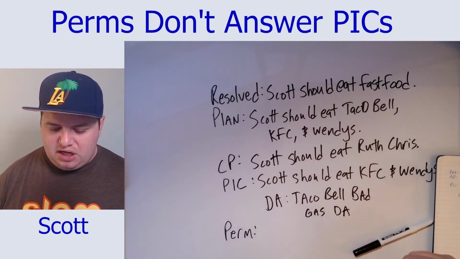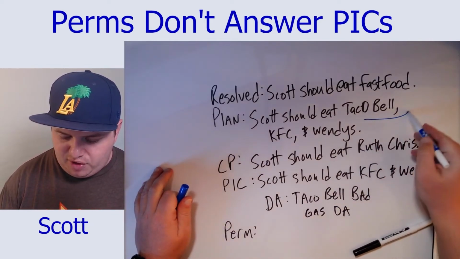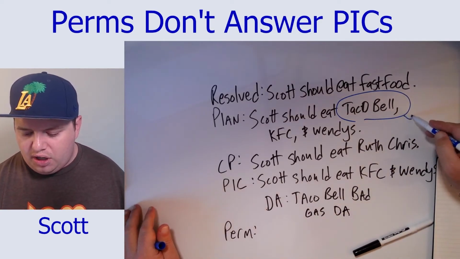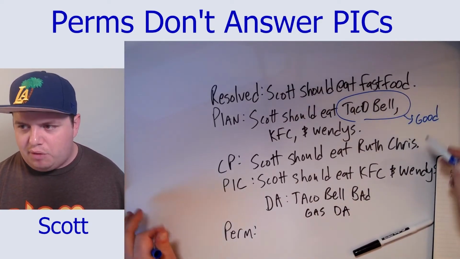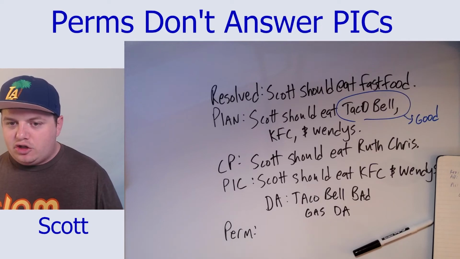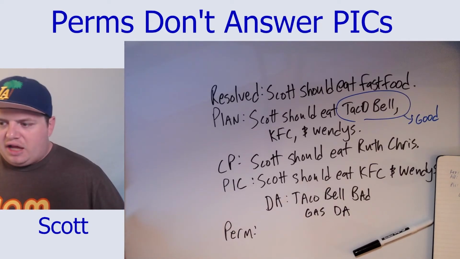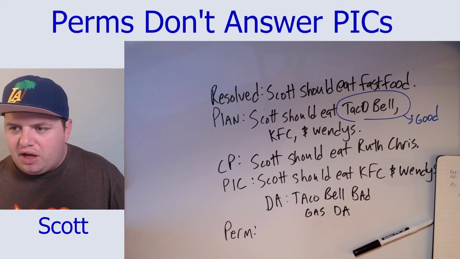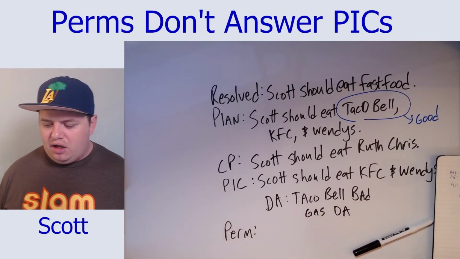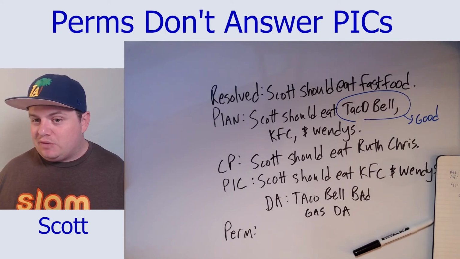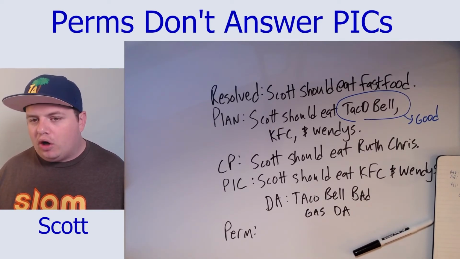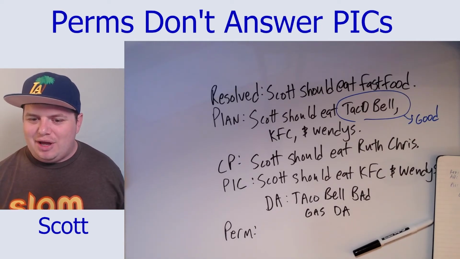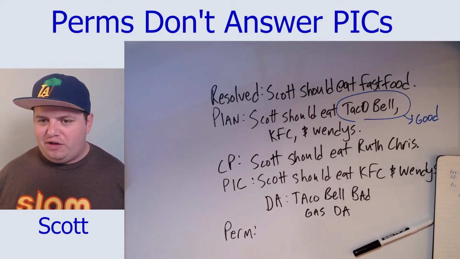So for this example, an example of a solvency deficit would say Taco Bell is good, and read some scenario or read some internal link or read some card as to why Taco Bell's inclusion in the affirmative is a good idea. So that after you say PICs bad, you could say the part that they pick out of is good, and there's a solvency deficit to them not doing that portion of the affirmative.